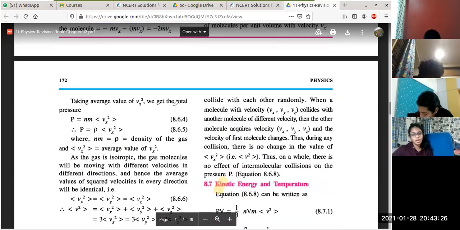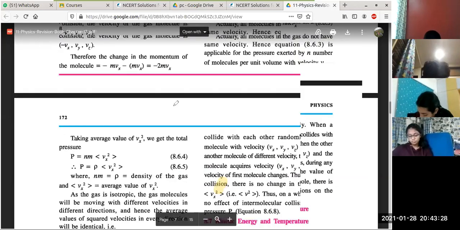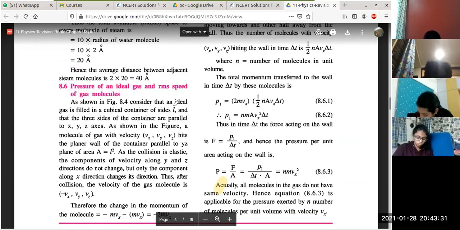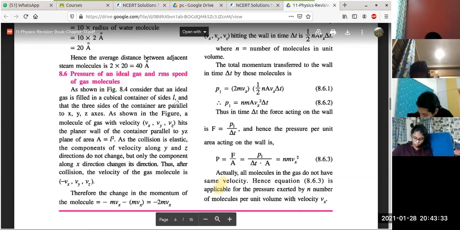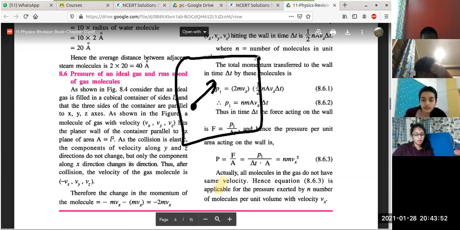Now, concentrate. Listen. Do you agree that the motion of a gas molecule in a container is random? Just keep saying yes or no, okay? If you don't agree, say no. Do you agree that a gas molecule does not know the x, y, z axes?